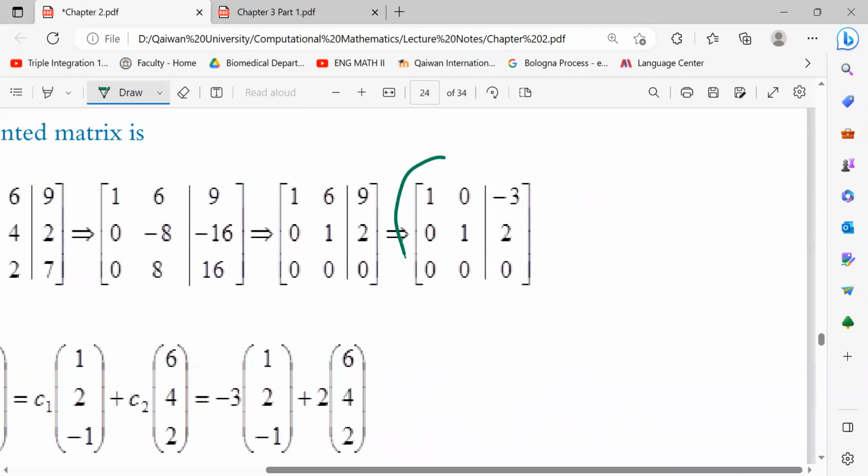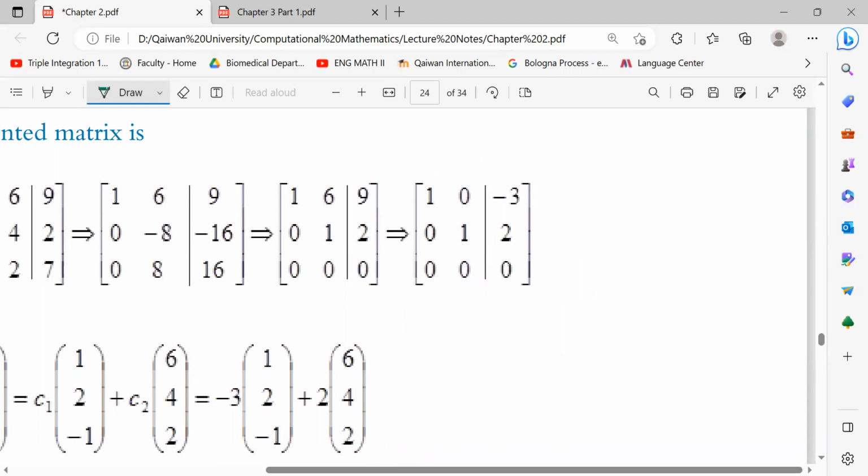We apply the reduced row echelon form, and we get this matrix. Look, in the third row, all elements are 0. It's okay if all are 0.